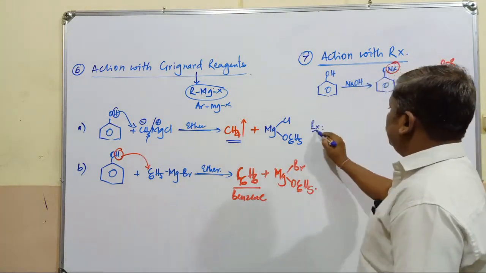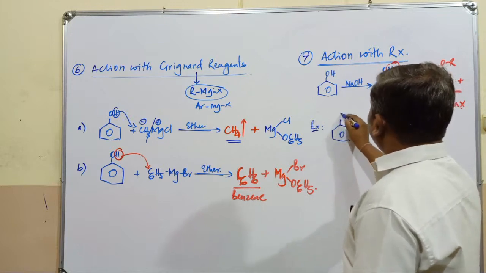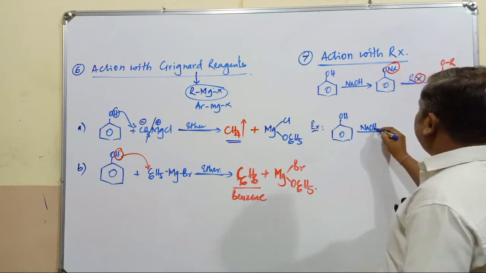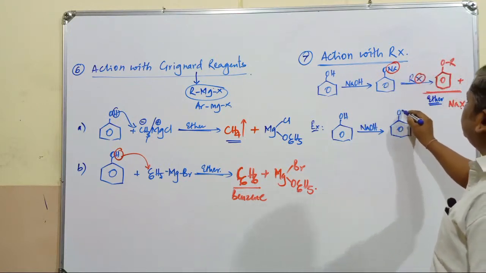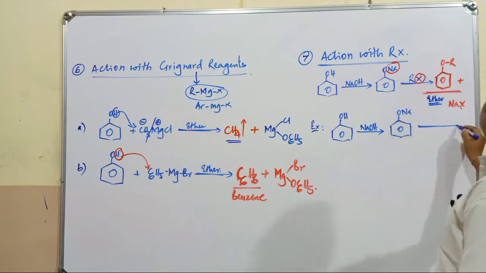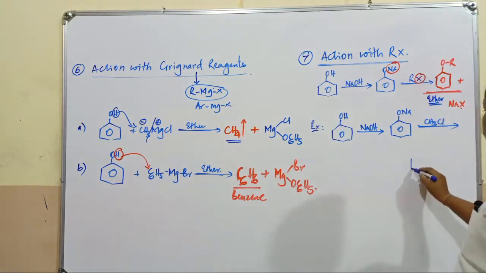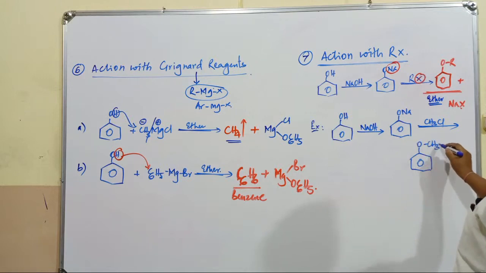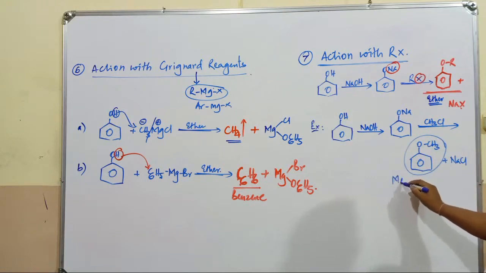One simple example here: when phenol is treated with first sodium hydroxide, what is the compound formed here? Sodium phenate is produced, ONa. This is treated with methyl chloride. The main product obtained here is OCH3 plus NaCl. What's the name of this compound, students? It is methoxybenzene.